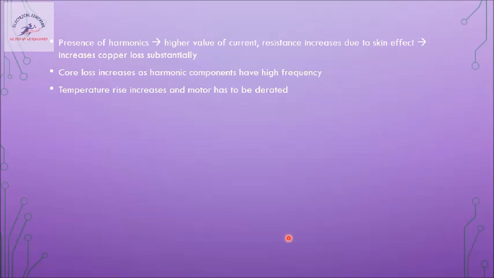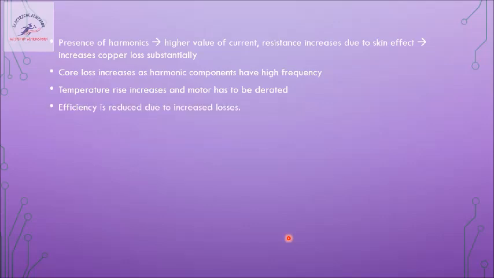So in such cases the motor has to be derated, that is, it has to be operated at a lower power than what it is designed for. Because of this, the overall efficiency of the motor also decreases.